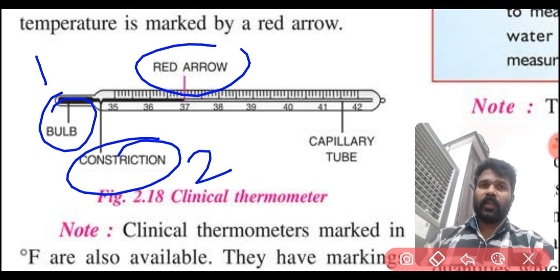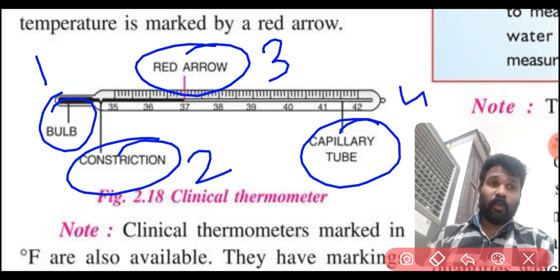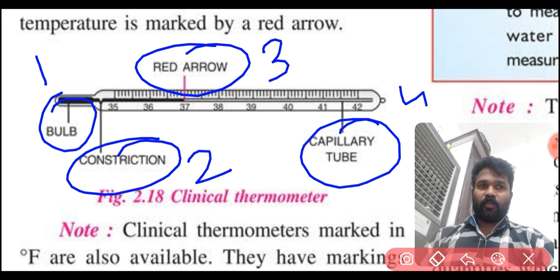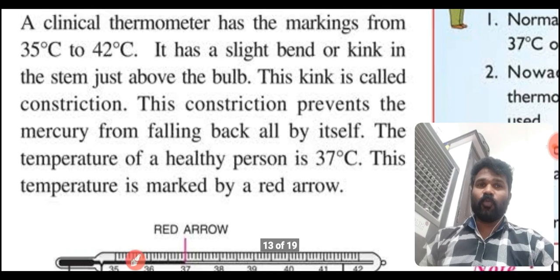Third one, red arrow. Fourth one, capillary tube. There are 4 parts: bulb, constriction, red arrow, and capillary tube. Now we are going to discuss these 4 parts and their use.